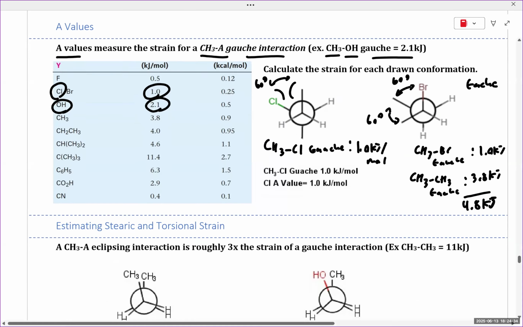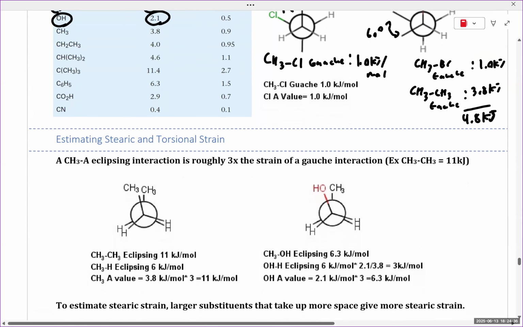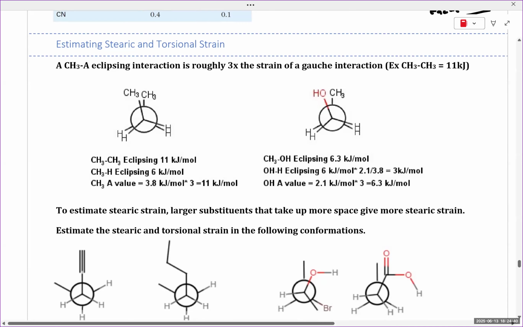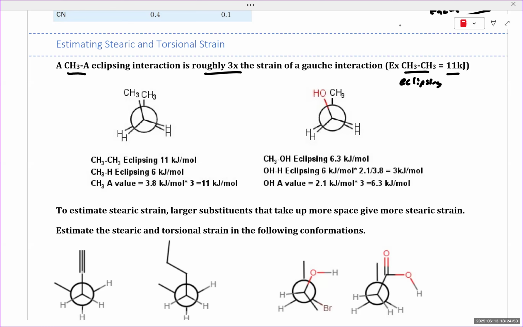Now, this next part is going to move into estimation, but you can estimate steric and torsional strain given that a methyl-A group eclipsing interaction is roughly 3 times the strain of a gauche interaction. For example, a methyl-methyl eclipsing is around 11 kilojoules, which is about 3 times that of a methyl-methyl gauche interaction.